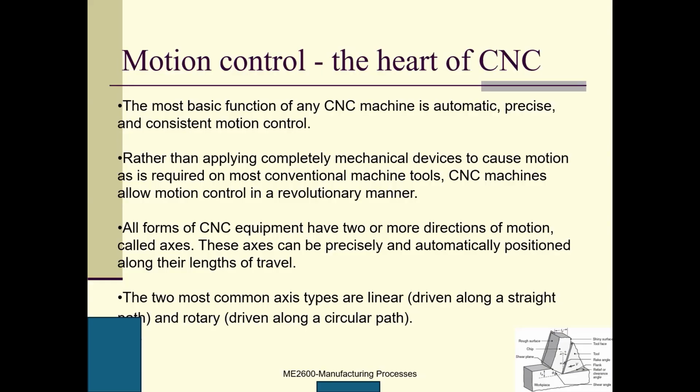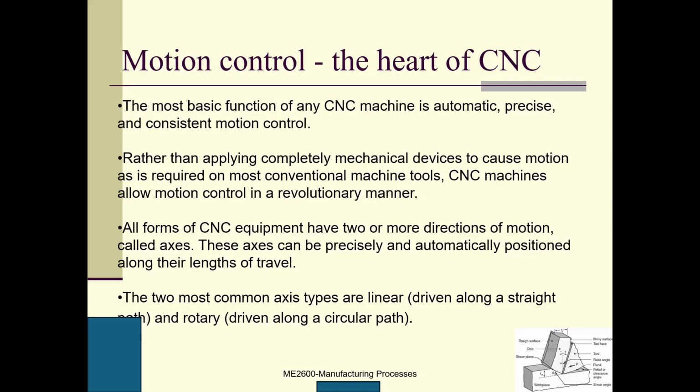The most basic function of any CNC machine is automatic, preset, and consistent motion control. Without this, the CNC machine is useless. This is the backbone functionality of the CNC. If this is bad, this CNC is useless.